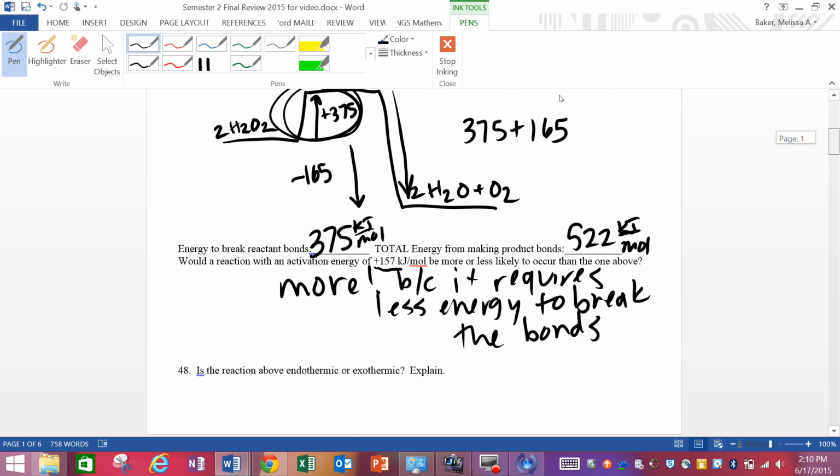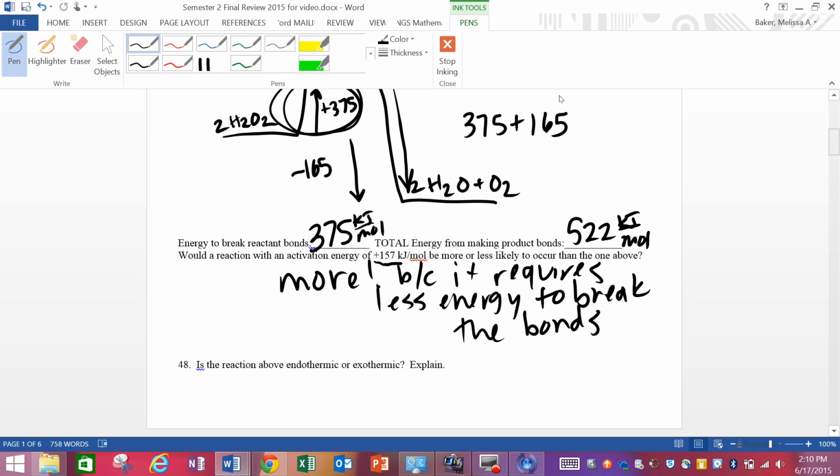Then there's a second question here. Is the reaction above exo or endothermic? It is exothermic. More energy is released from making new bonds than it took breaking the bonds.